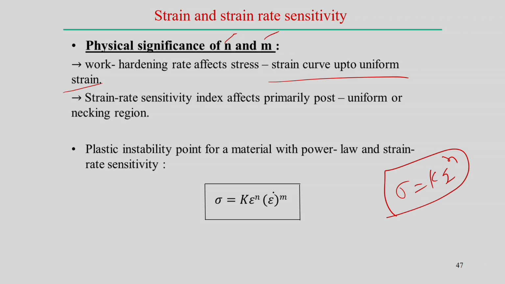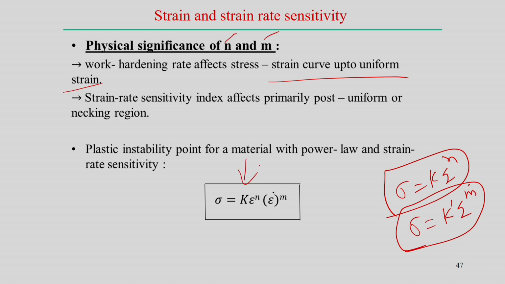But beyond that, once the necking starts, the strain hardening effect is not significant; rather strain rate sensitivity is more significant. So beyond the necking point, we represent the stress model as k dot epsilon dot to the power m, which is more relevant.